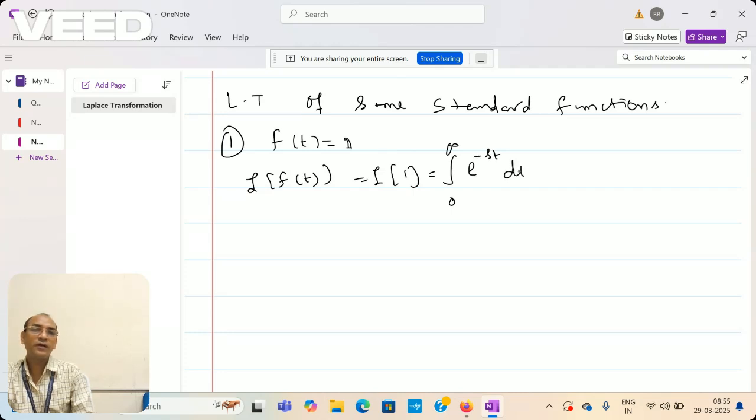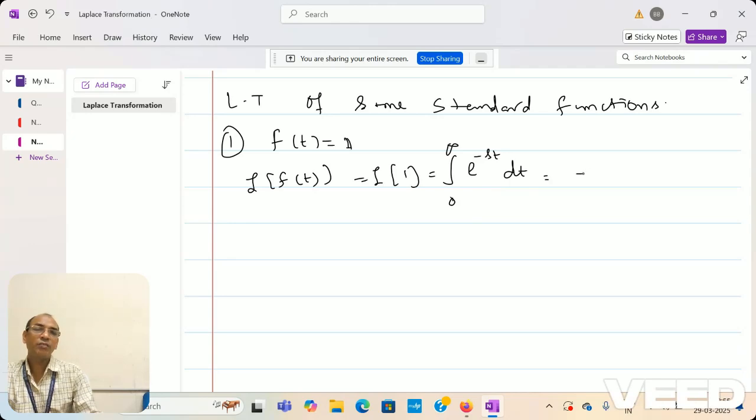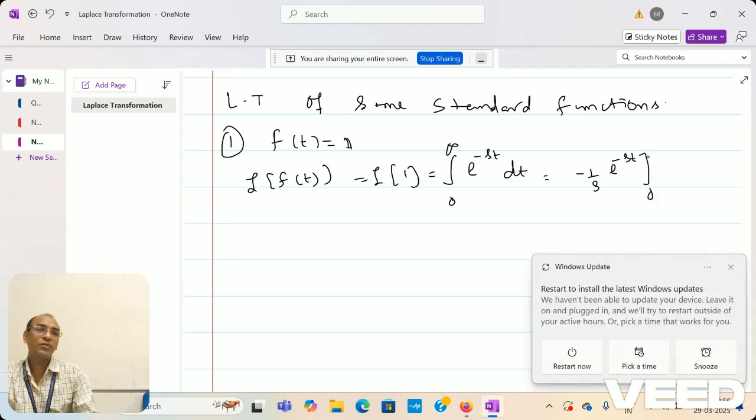If we integrate it with respect to t, s will be a constant, and the integration of e to the power minus st is minus 1 by s e to the power minus st. Let us put the limits from 0 to infinity.